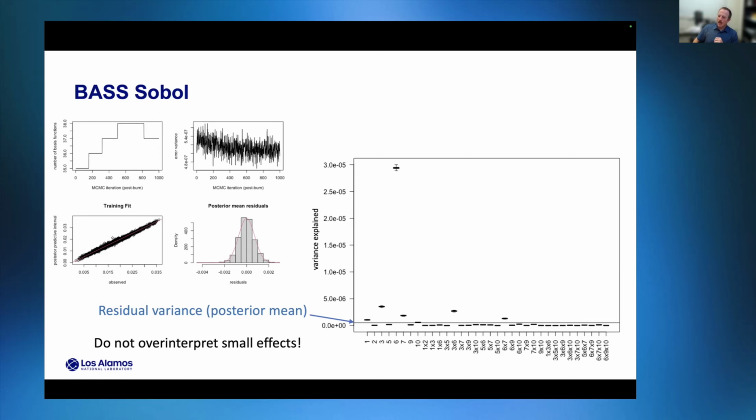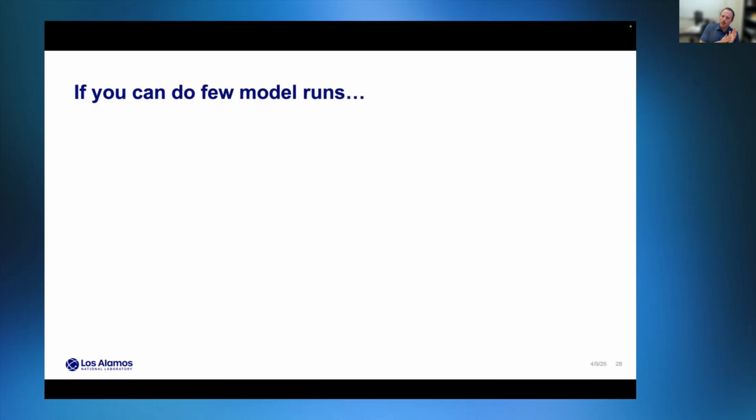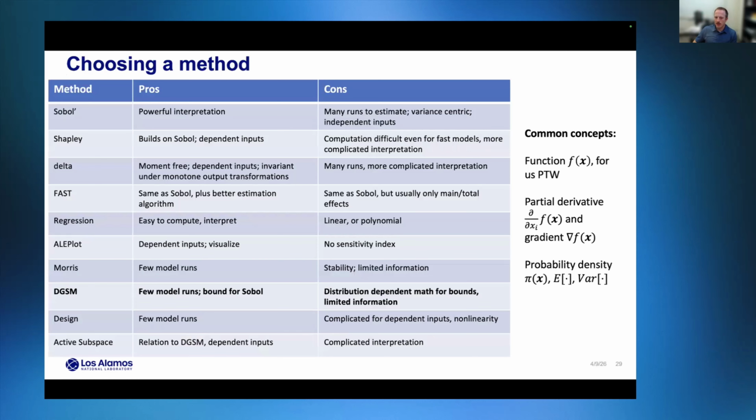All right, so moving on to what if you could only do very few model runs? And the first thing I'll talk about is the DGSM, the derivative-based global sensitivity metric. It's built for very small model run settings, and it's also connected theoretically as a bound for the Sobol decomposition.